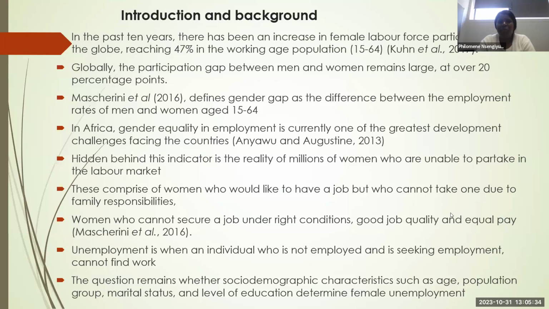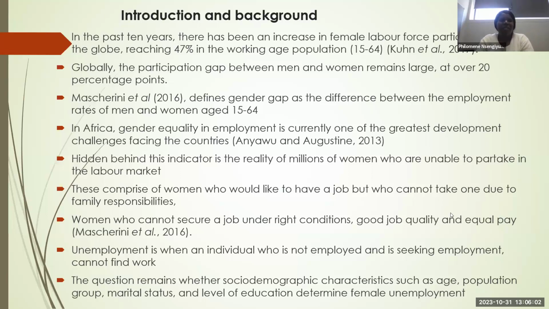These are the people who are allowed to work. People between 0 and 14 are child dependency, and people from 65 and above are old age dependency. These people are not expected to work. Only people from 15 to 64 are the economically active population.